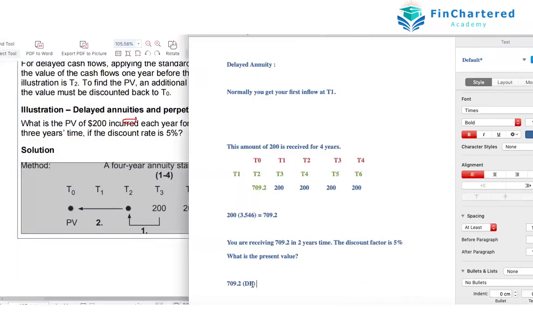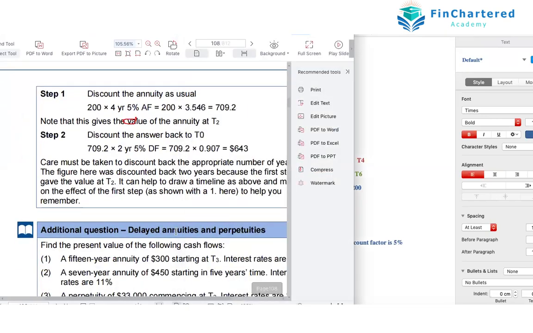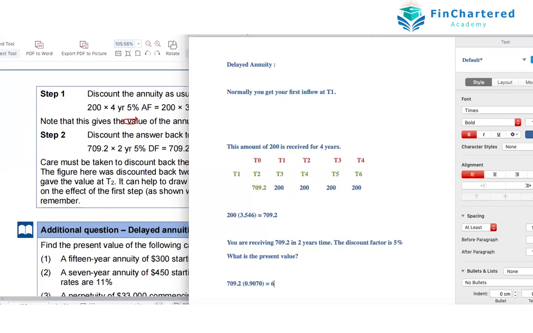So 709.2 into 0.9070 is 643.2444. That is another way you can do it, Yashika.